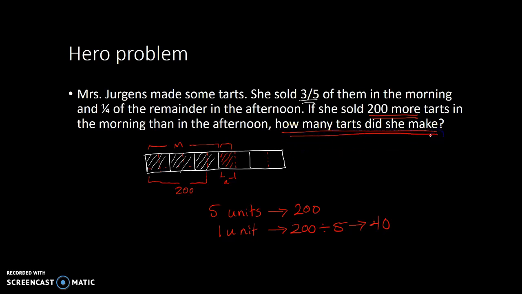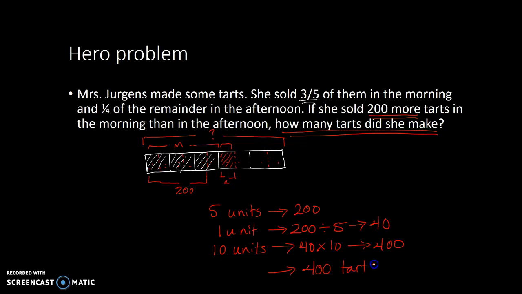So I want to solve for all of the units. So let's see, I have 1, 2, 3, 4, 5, 6, 7, 8, 9, 10. So I'm going to solve for 10 units. And of course that's going to be 40 times 10, which is going to be equal to 400. And my answer is 400 tarts.